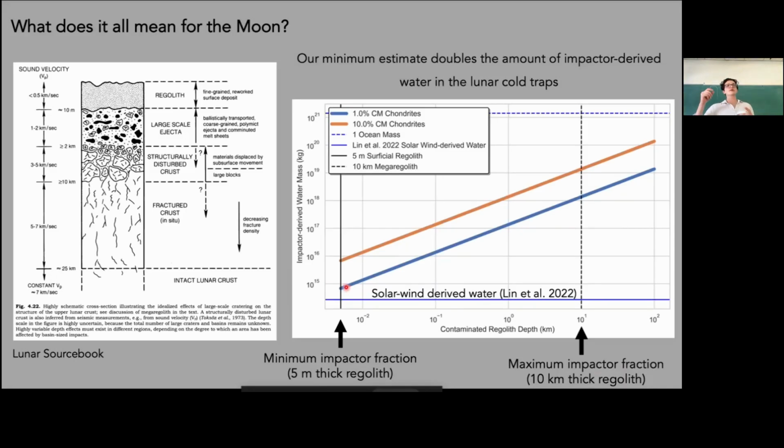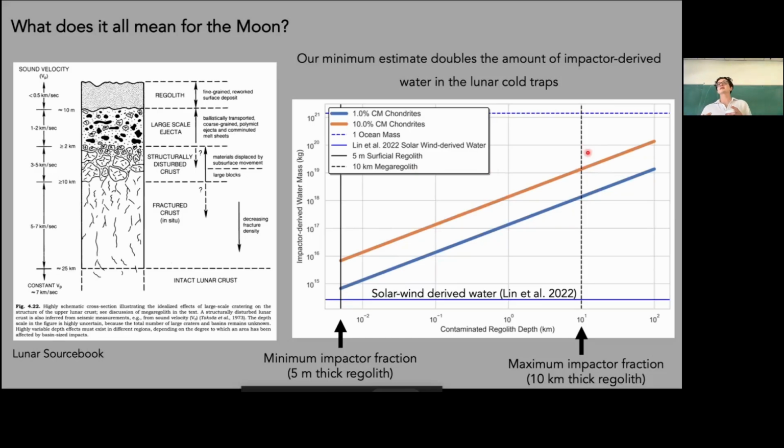Let's say that reservoir is much thicker than we think and has a higher impactor mass fraction present there. If we look at the one ocean mass line up here, we can see we're barely moving the needle. So in terms of what we can resolve, even with extreme parameters here, we're not really going to resolve a lot of water being delivered from these impactors. And now the cool part about this is that we can now convey this to the Earth as well.